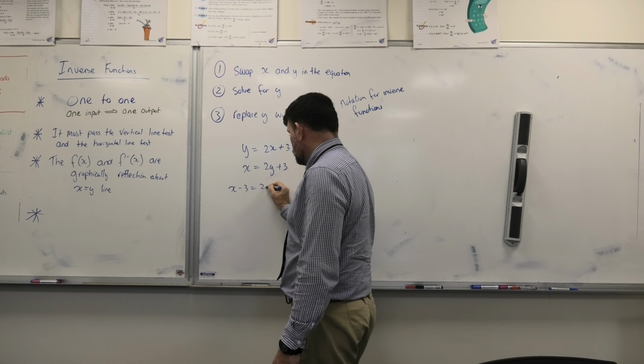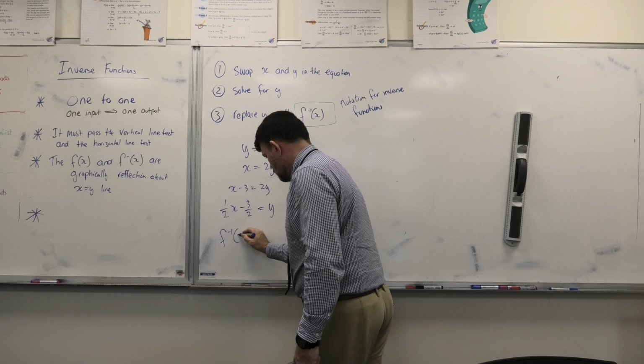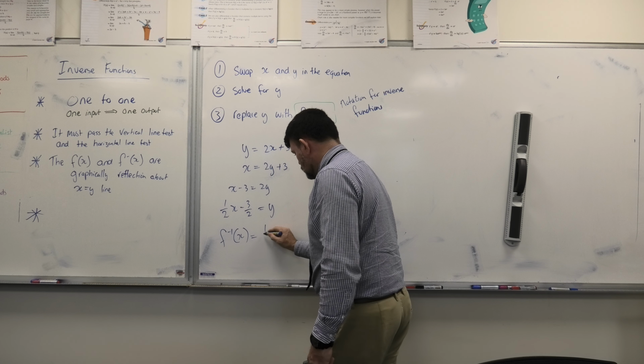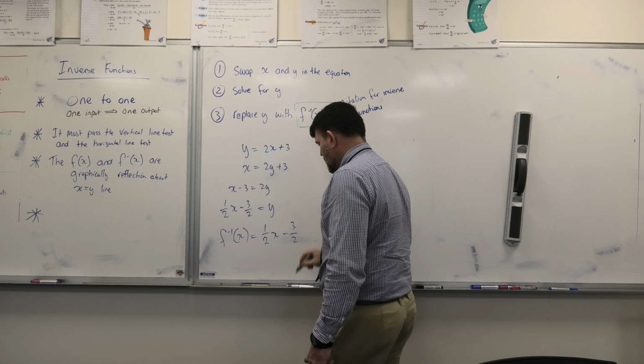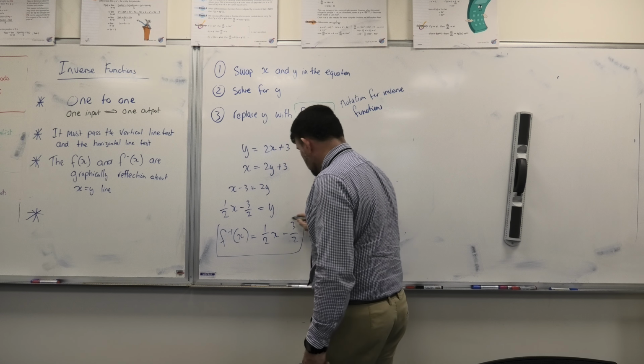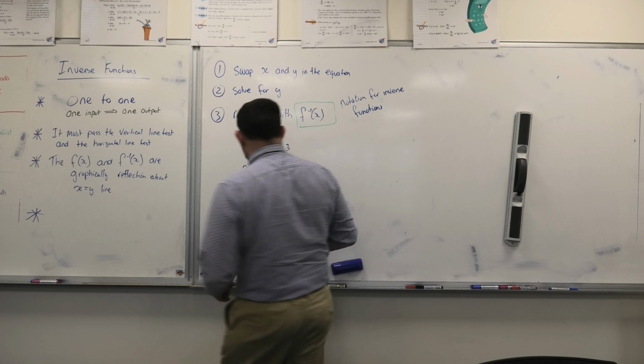So I get 1/2 x minus 3/2 is equal to y. And then the last step is we replace that y with the inverse notation. It is equal to 1/2 x minus 3/2. And here is my inverse function of my original function up here.